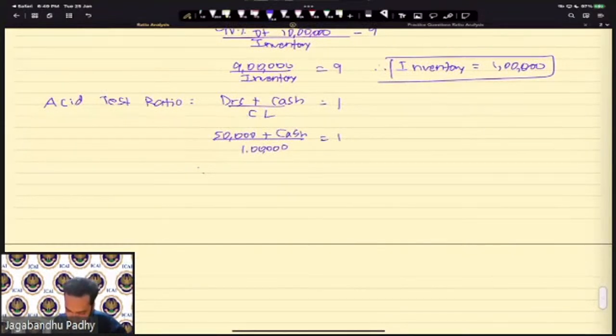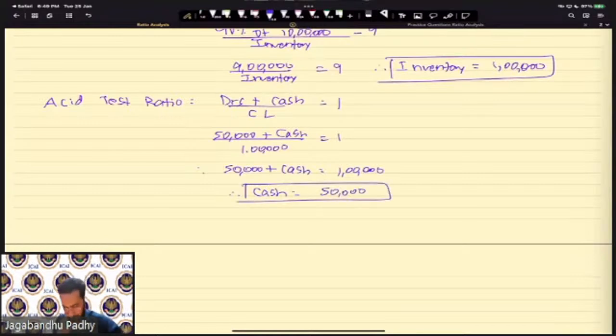And then we say 50,000 plus cash is equal to 1 lakh. Therefore, cash balance will be 50,000. We get the value of cash also.